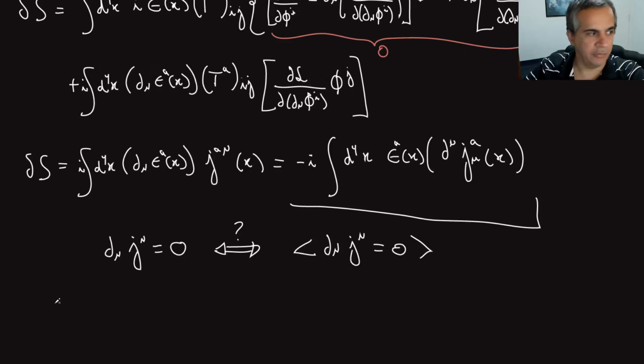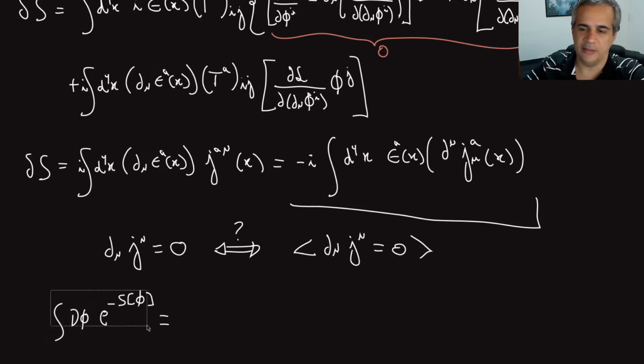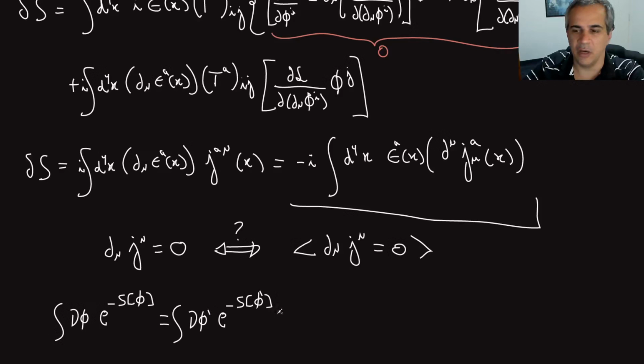Consider the following path integral, right? Del phi of the exponential of minus S of phi, right? I can always write this thing again with a different name for the variables. This is just changing the name of the variable in a path integral.